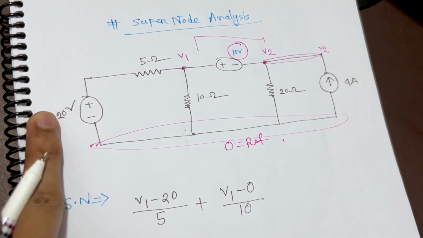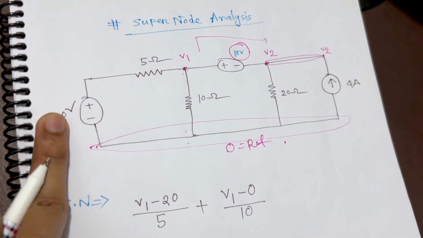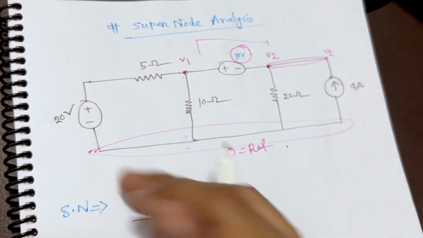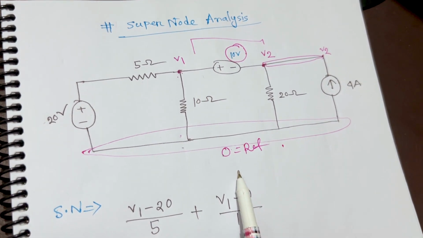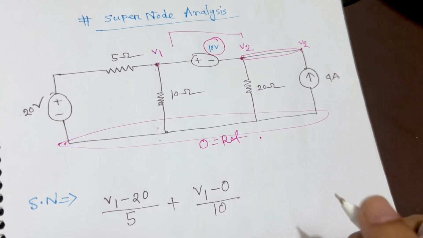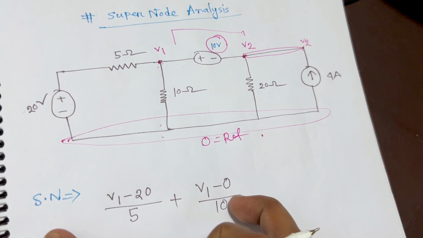So V1 minus 20 over 5, and V1 minus 0, the reference voltage, over 10. Okay, so V1 is done.